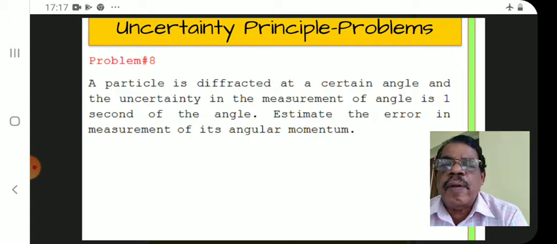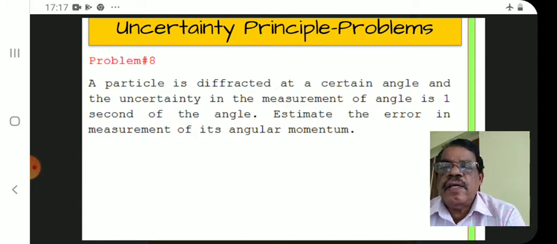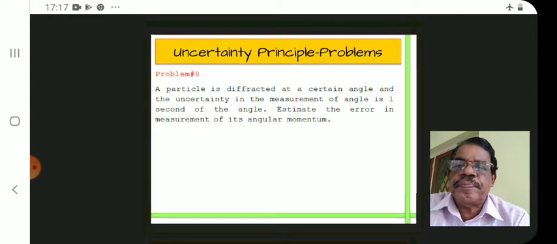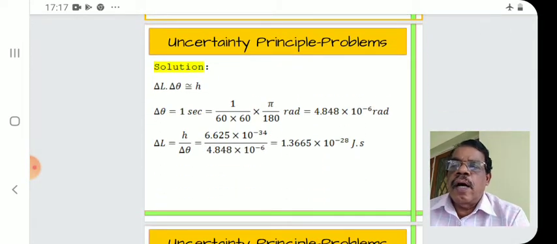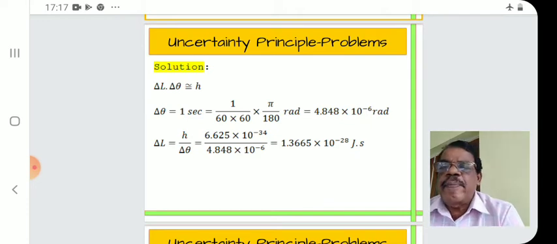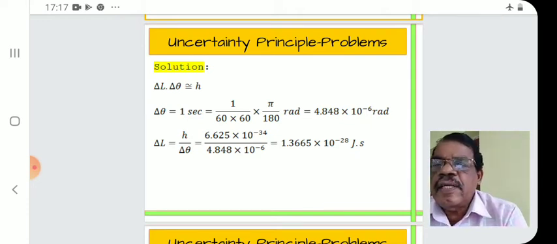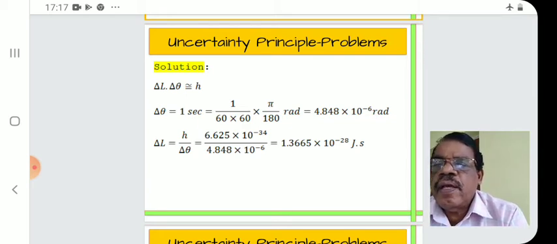Here in this problem, the angular displacement uncertainty is given. We have to find the angular momentum uncertainty. The uncertainty principle in terms of angular momentum and angular displacement is delta L into delta theta equal to h.